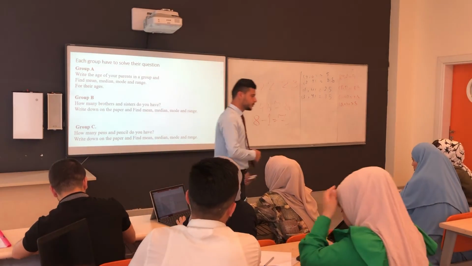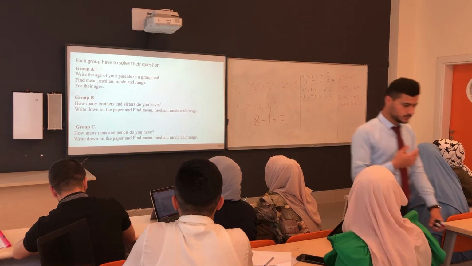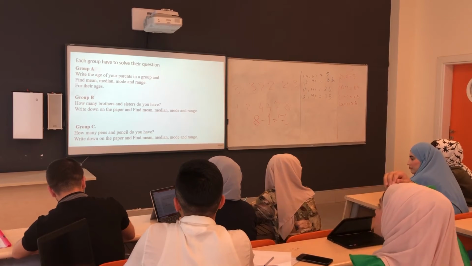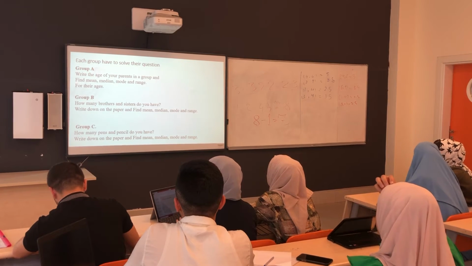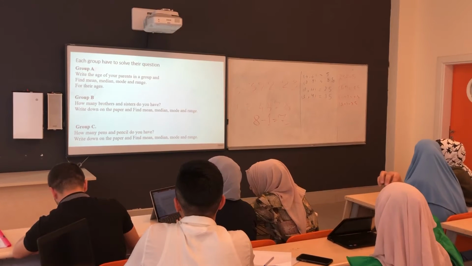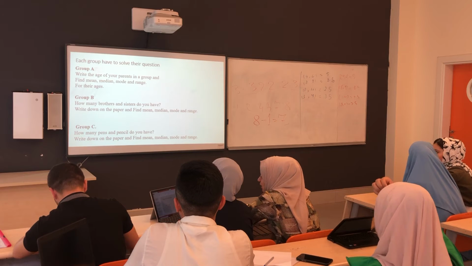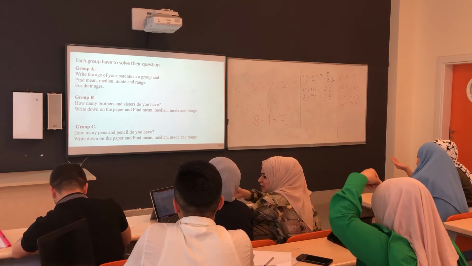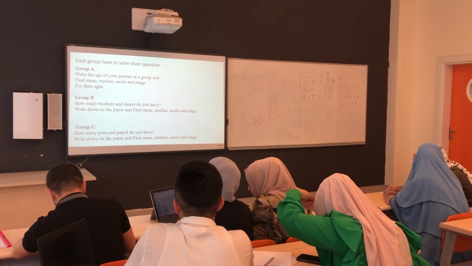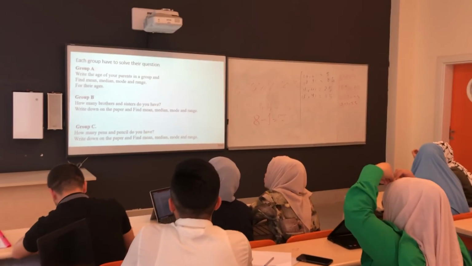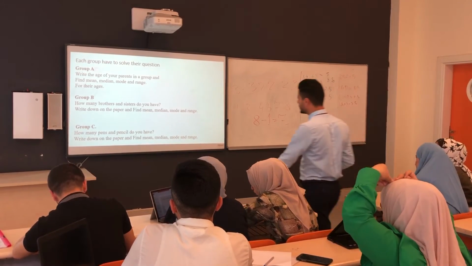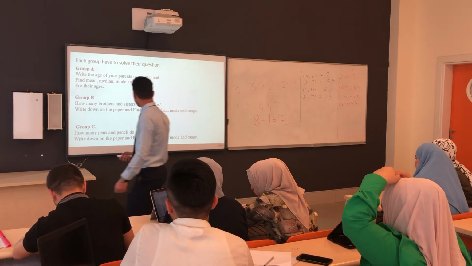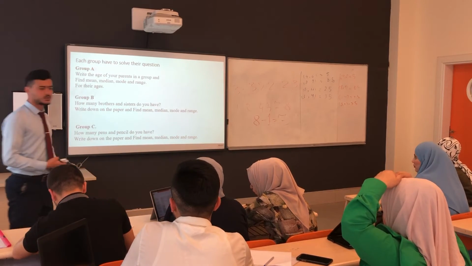And you are group C. Please, group A, write the ages of your parents in a group and find the mean, median, mode, and range, okay? For group B, how many brothers and sisters do you have? Write it down on the paper and find the mean, median, mode, and range.